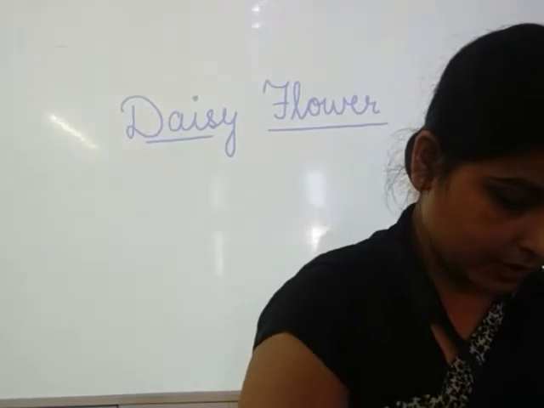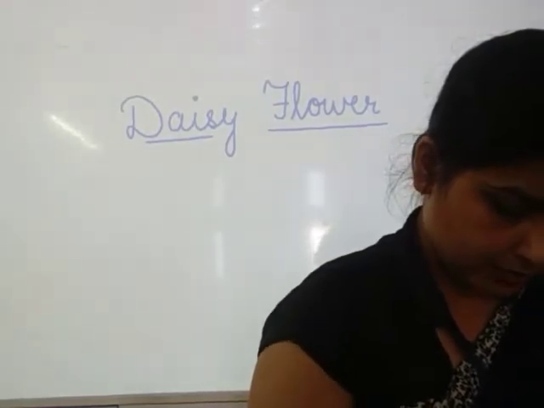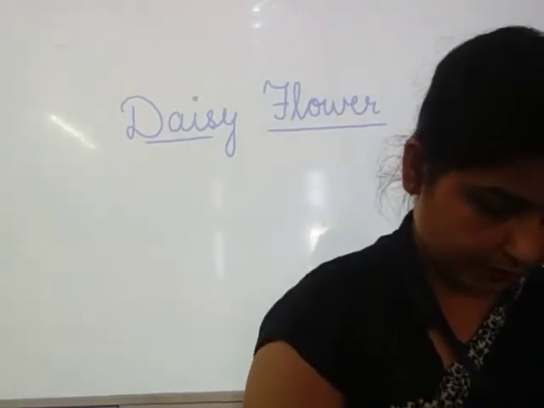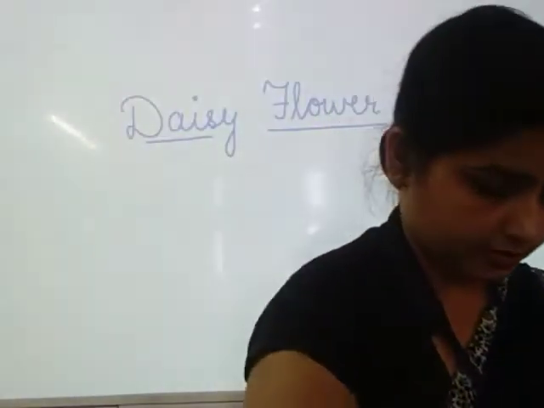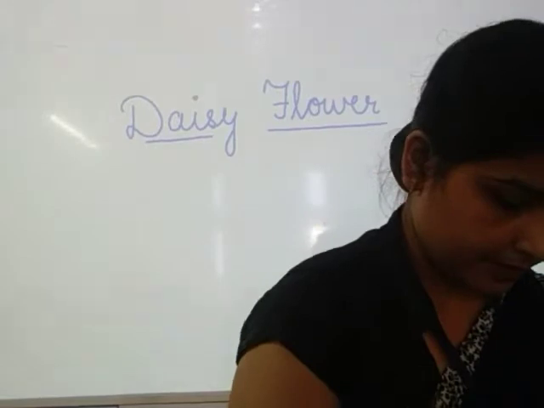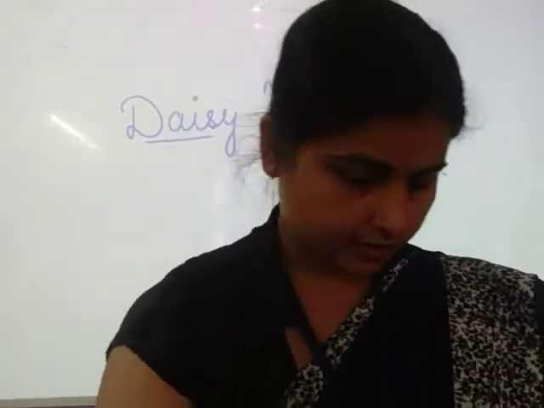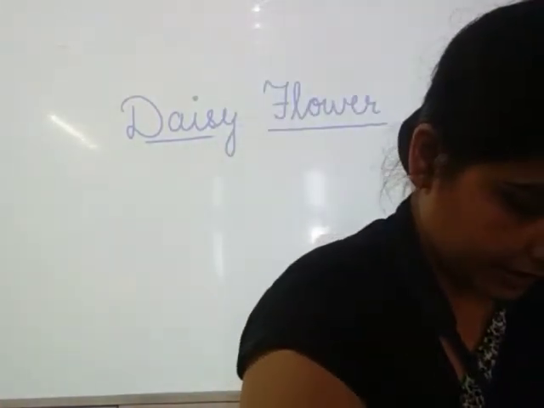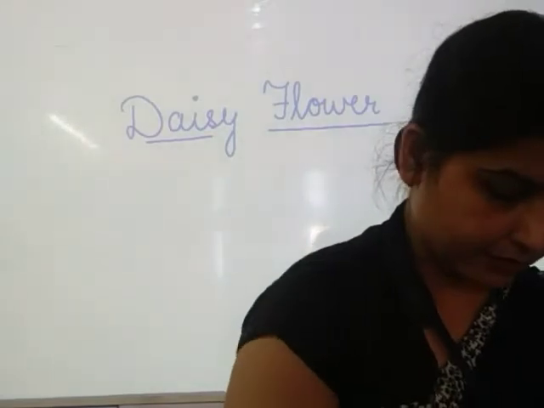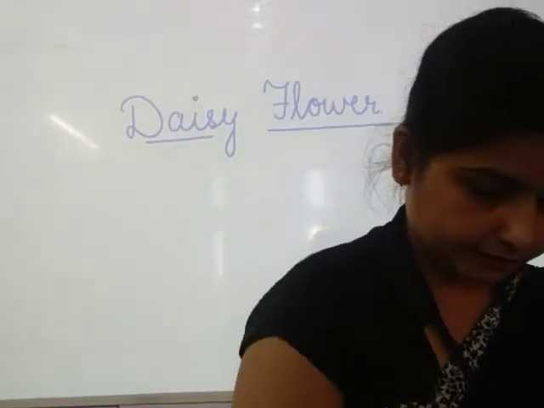Then I will show you how to see. I have pasted 2 petals like this. Now I will paste 2 petals over it, so that it will look exactly like what I have shown you.